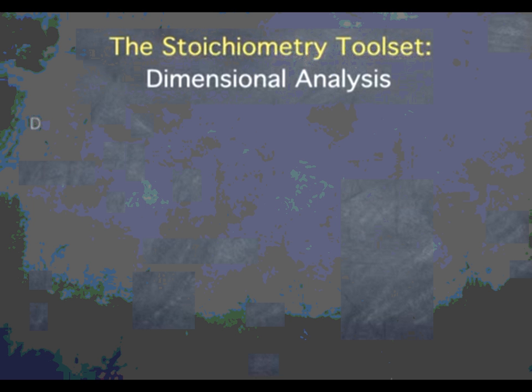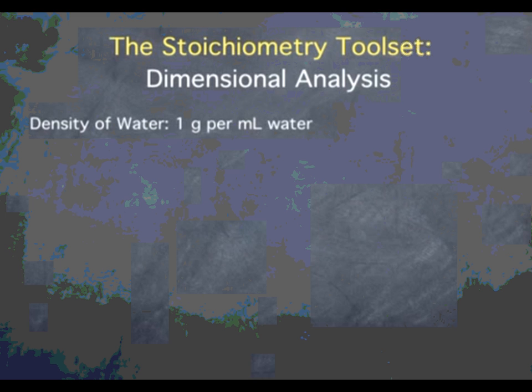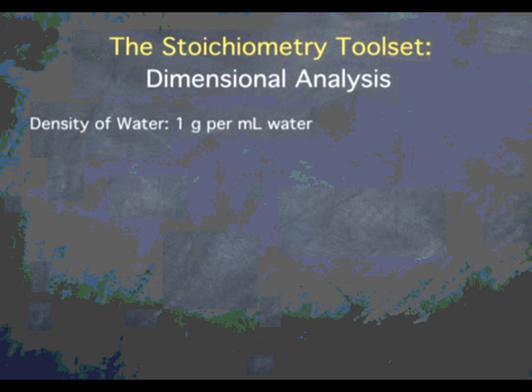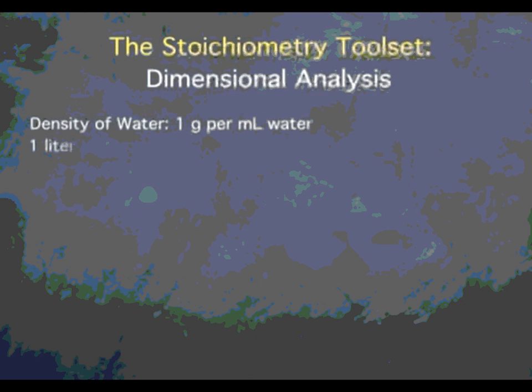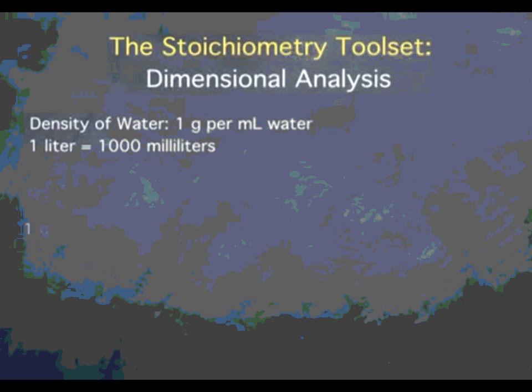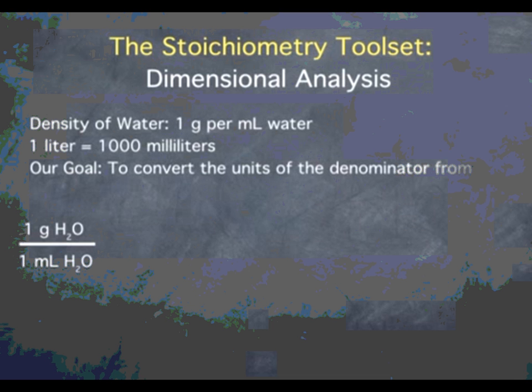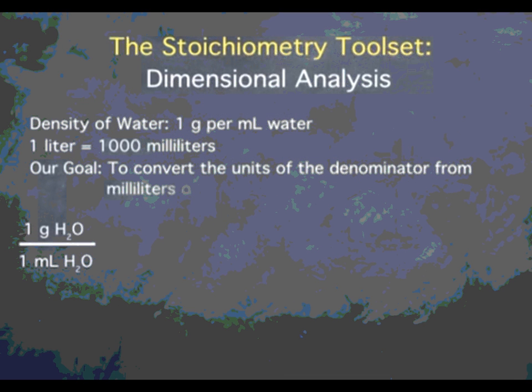Say we are given the density of water as 1 gram of water per milliliter of water. And we want to express this in units of grams of water per liter of water. For this conversion, we will need the definition that 1 liter is equal to 1,000 milliliters. We begin by writing our initial quantity. Our goal is to convert the units of the denominator from milliliters of water to liters of water.